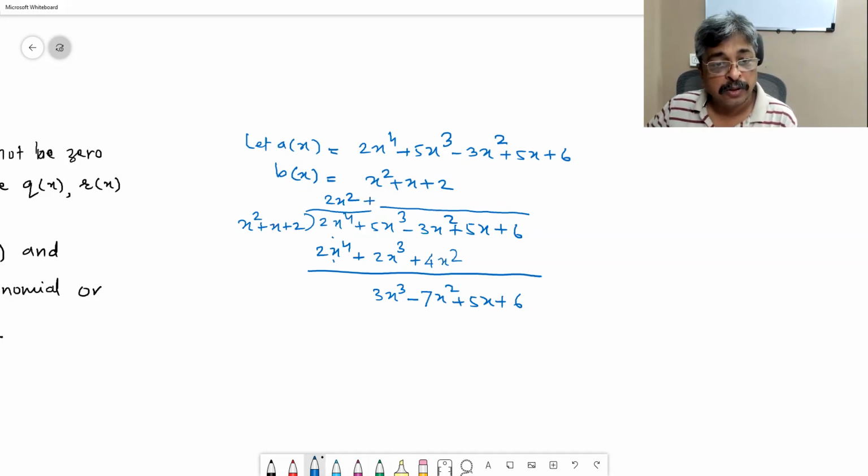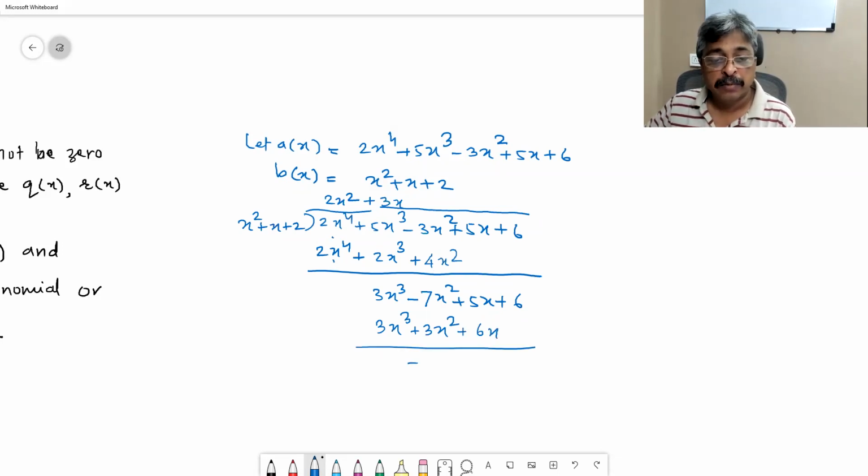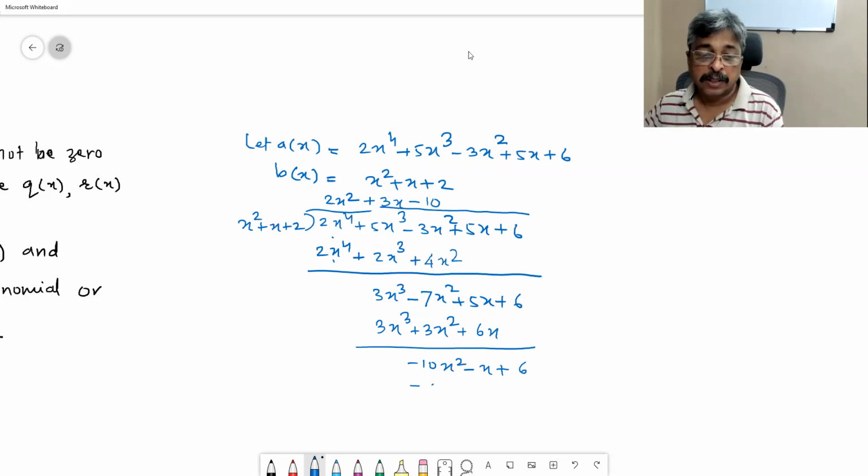Now the next is going to be 3x. 3x cube plus 3x square plus 6x, we will subtract, giving minus 10x square minus x plus 6. So minus 10 gives minus 10x square minus 10x minus 20.